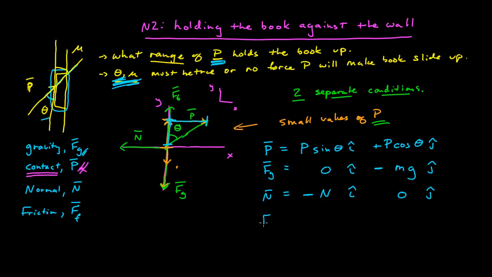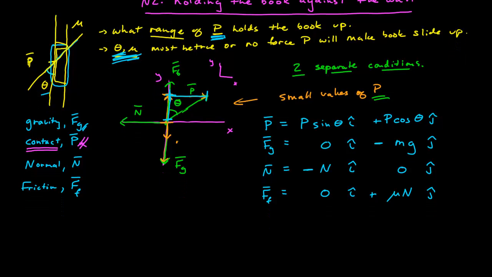Then my force due to friction has nothing in the x, and under this condition has some magnitude mu sub n in the y that is positive in this regime where P is small. By P is small, I mean the vertical component of P is less than mg.